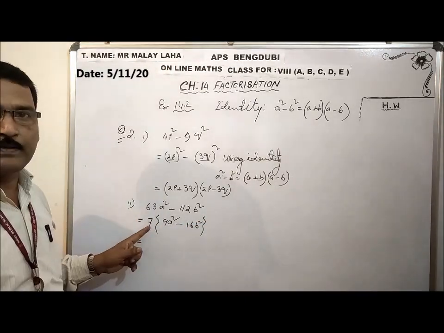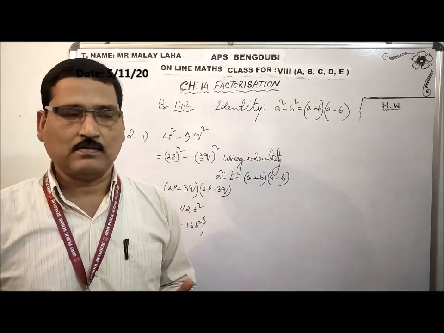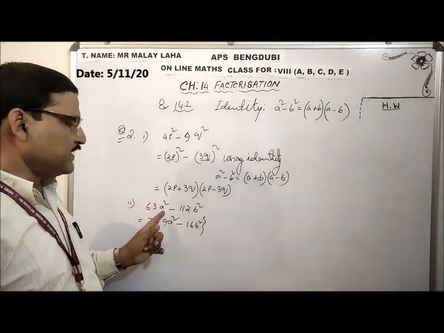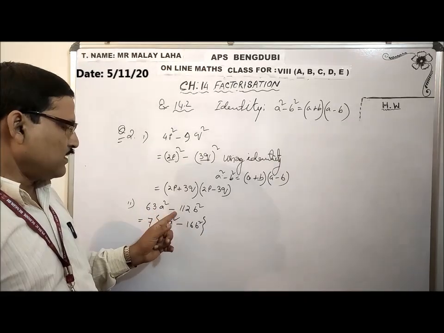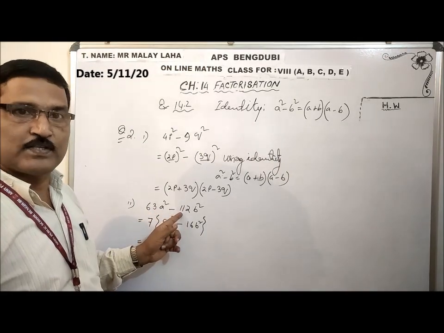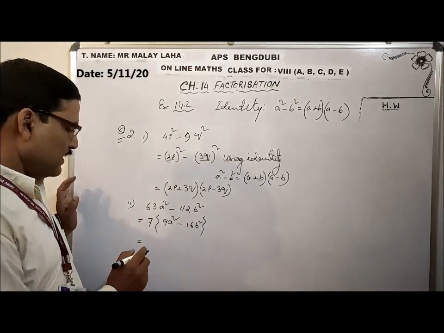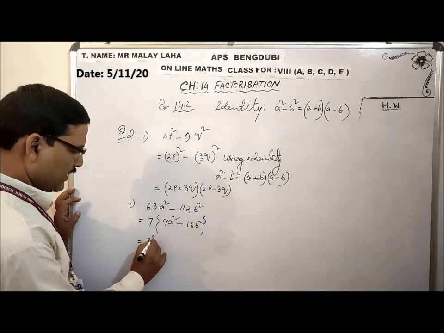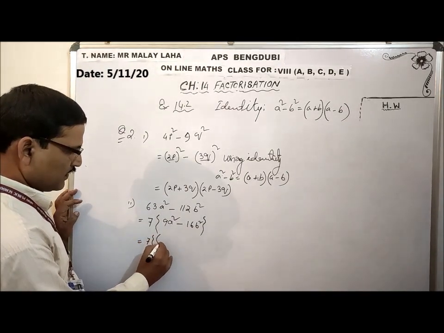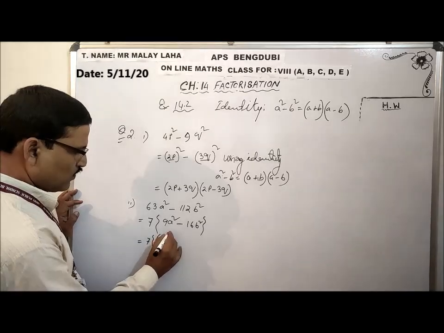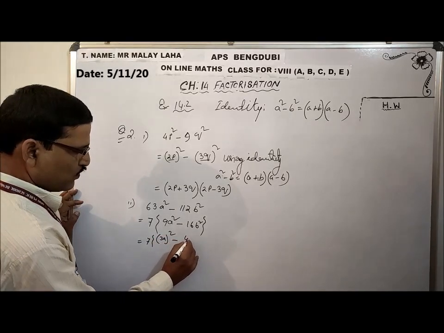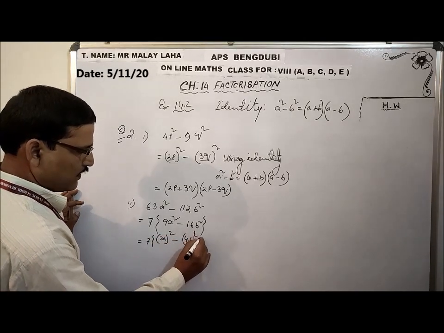So now write it in the proper way. That means 7 at the beginning is already a factor of this expression, 63a square minus 112b square. Already one factor I have got, and 7 I have to write every time. Then this is 3a whole square minus 4b whole square.